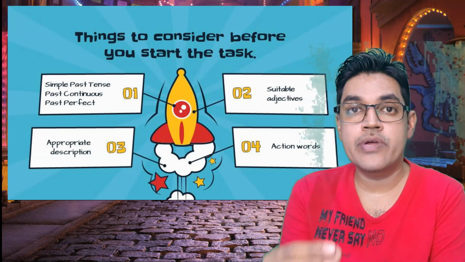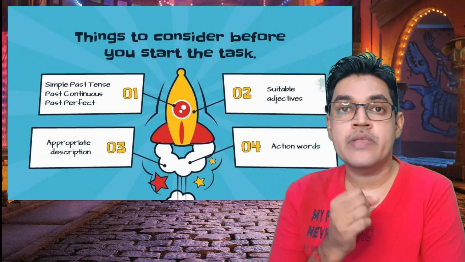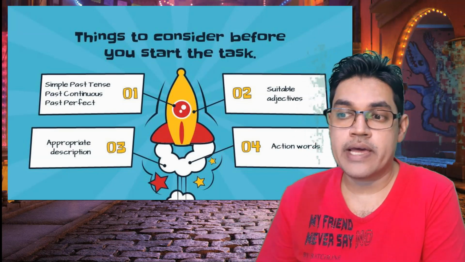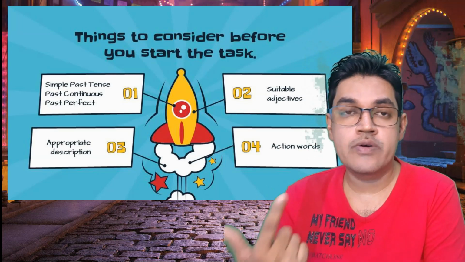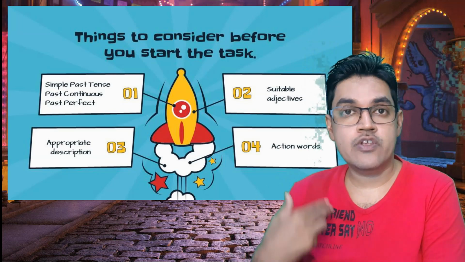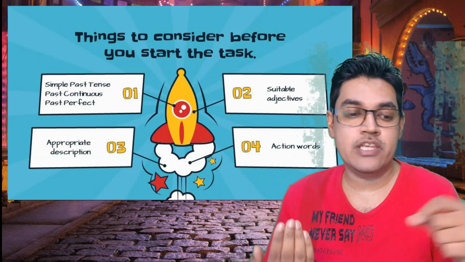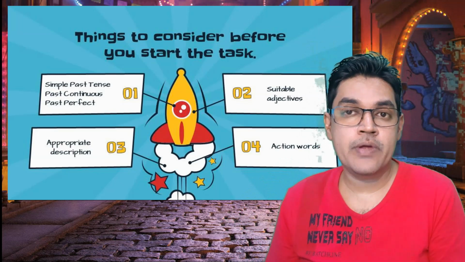So if you want to bring in some elements of surprise, you may need to bring in some appropriate description and suitable adjectives to bring in the idea of surprise. So first, you have to have simple past, past continuous, and past perfect, and you need to use suitable adjectives. Start drafting or start getting some suitable adjectives and write them down before you start writing, and appropriate descriptions.